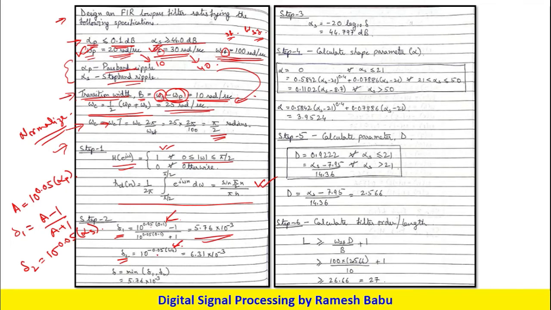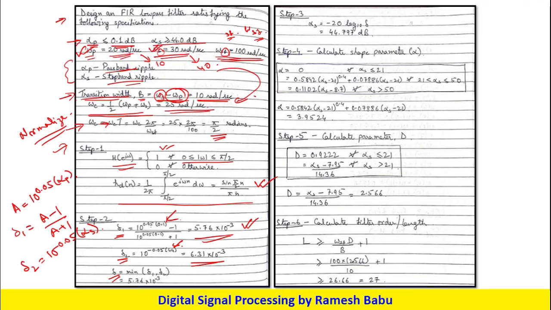Delta 2 equals 10 to the power minus 0.05 within bracket 44, so we got the value over here. Now we have to find out delta. Delta is nothing but the minimum of delta 1 and delta 2. So which is the minimum one? This is the minimum one.